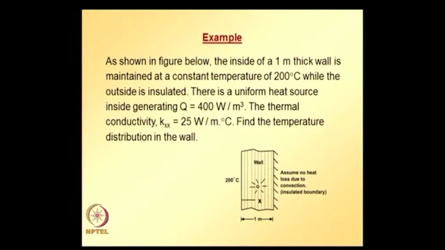There is a uniform heat source inside generating heat, which is given as the Q value, and the thermal conductivity Kxx is given. We need to find the temperature distribution in the wall, and a schematic shows the wall, the inside temperature and the outside insulation.